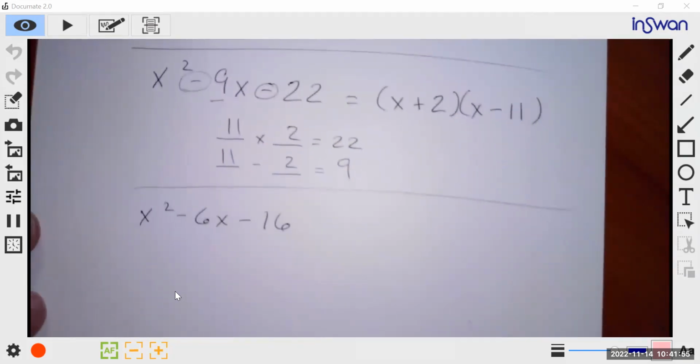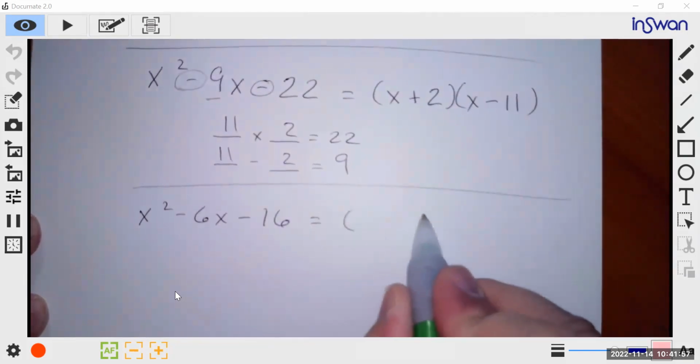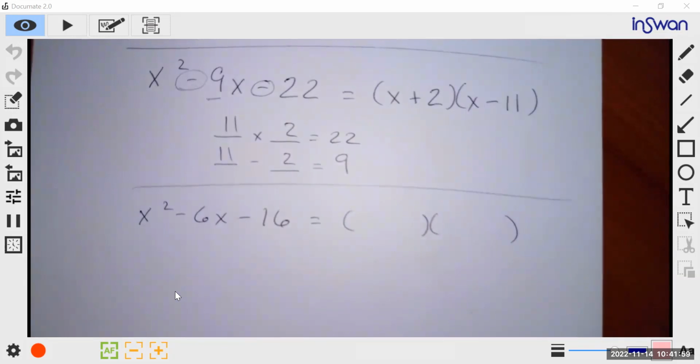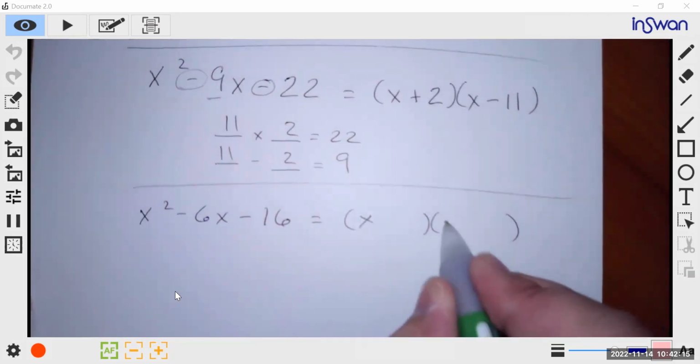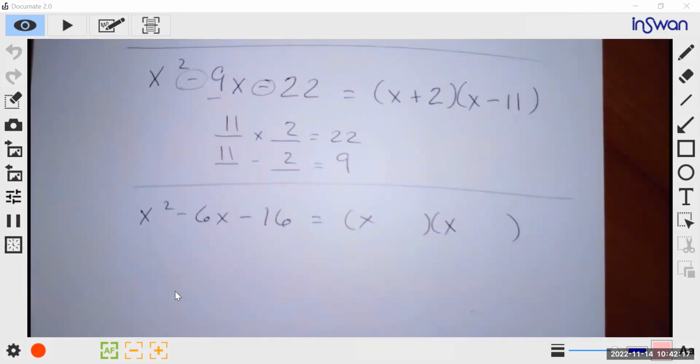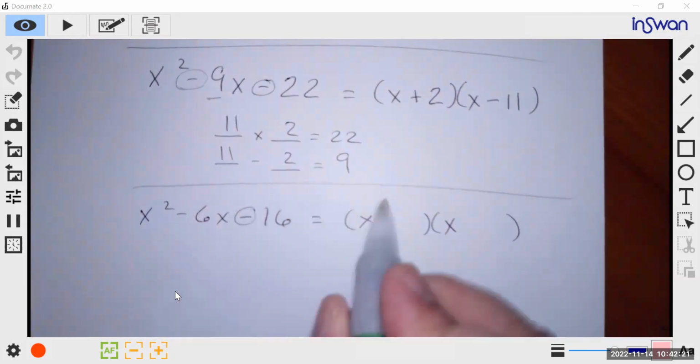And the last one for the day. So we have x and x. What about the signs? Since the second sign's a minus, the signs are different.